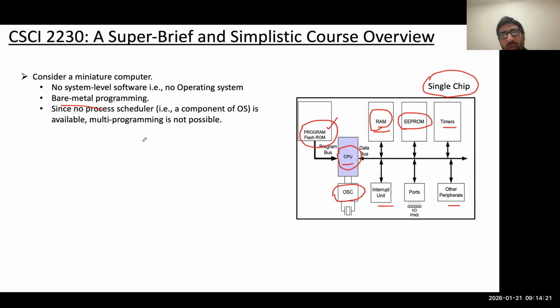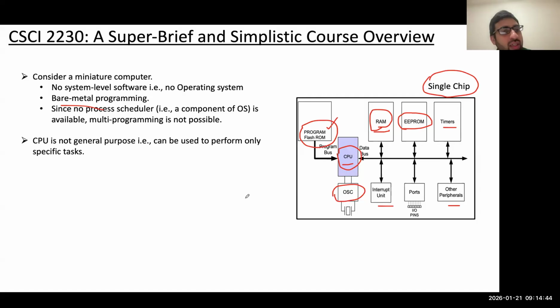Since we cannot support an operating system on this kind of platform, which we are going to discuss in this course, this platform cannot support multiple processes running at the same time. Which basically means that we can execute only one program at any given time on this kind of miniature computer.